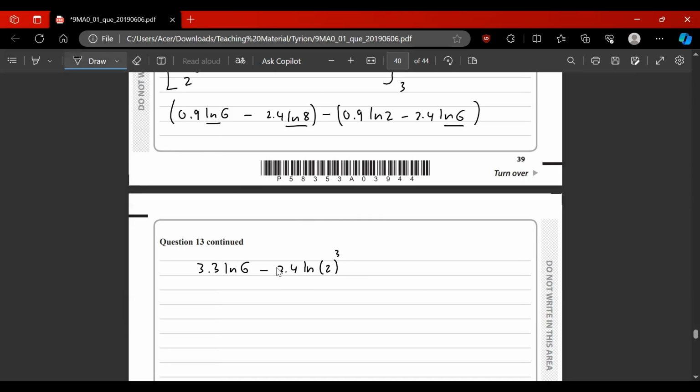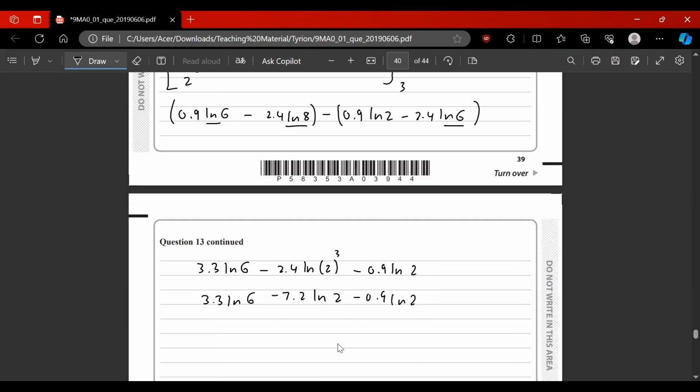And so this cube here can be written using the power rule as the coefficient, which we will go on to here next. So then the remaining term here would be 0.9 ln 2. Right, so we can simplify this to get 3.3 ln 6 minus 7.2 ln 2 minus 0.9 ln 2.